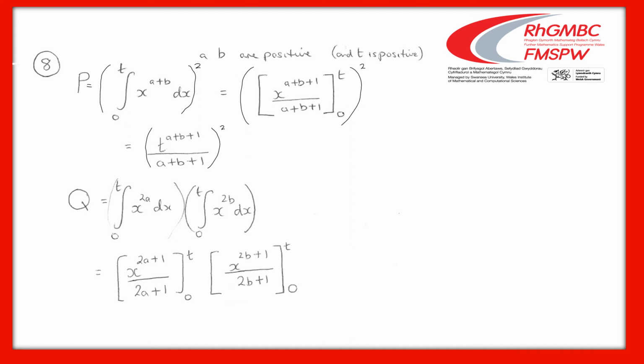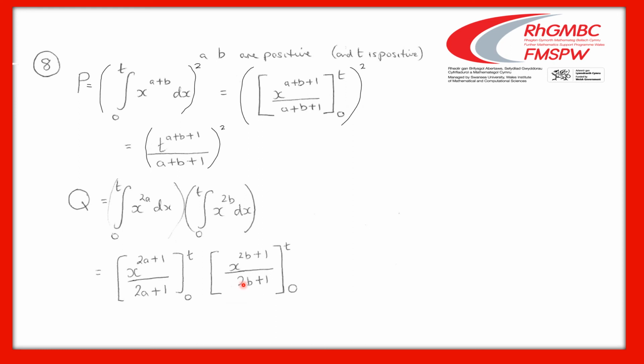So when you integrate x to the power of a plus b, you add 1 to the power and divide by this new power, and then you put in your limits t and 0 to give you this expression here. Similarly for q, when you're integrating x to the power of 2a, you'll get x to the power of 2a plus 1 divided by that new power, and you're about to put in your limits t and 0, and similarly for x to the power of 2b.